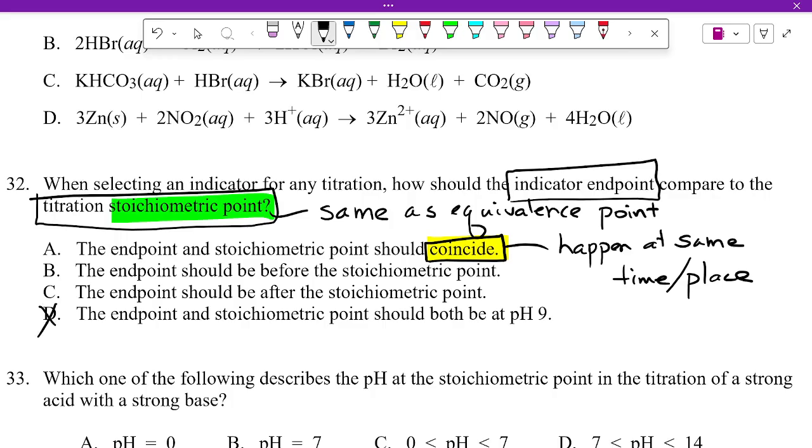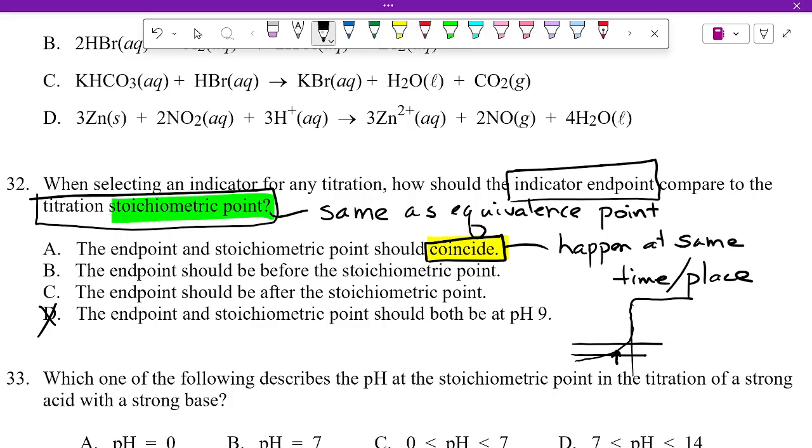If the endpoint happens before the stoichiometric point, what that would look like is, I should redraw that with a little bit more curve to it. If we have our graph like this, and the indicator changes color here, that means that it's changing color before the equivalence point, and that's not what we want, right?